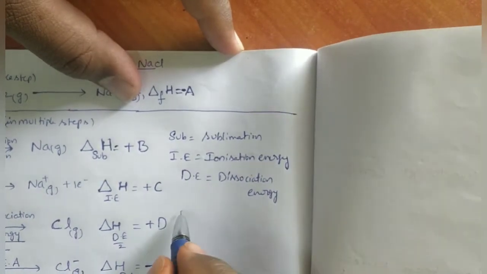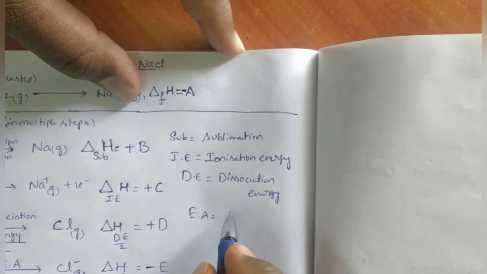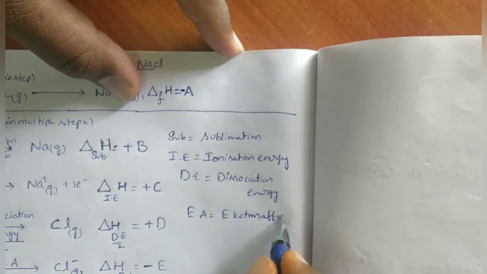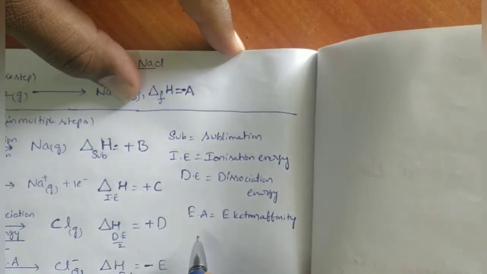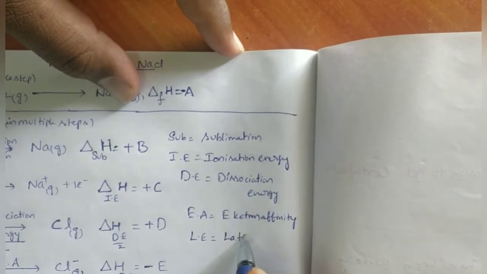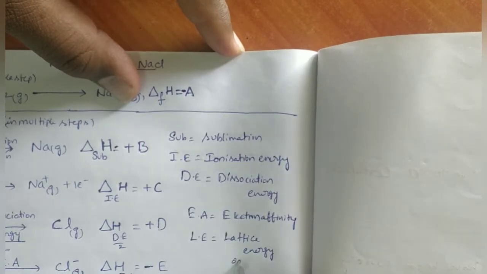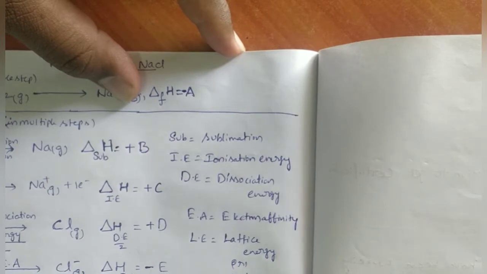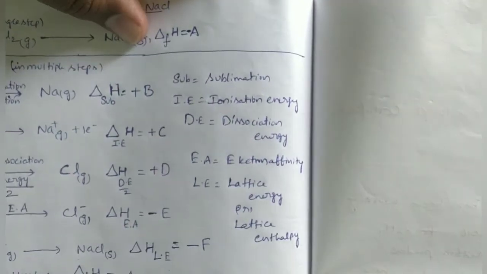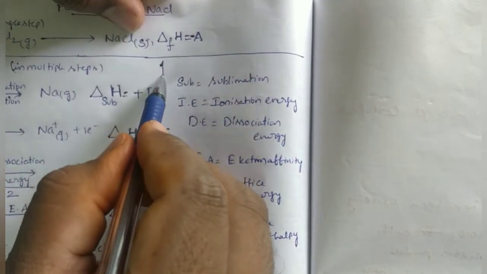Next, EA is called electron affinity. LE is called lattice energy or lattice enthalpy. These are the terms which I have used in the reaction.